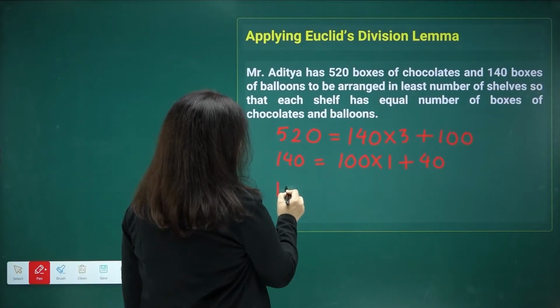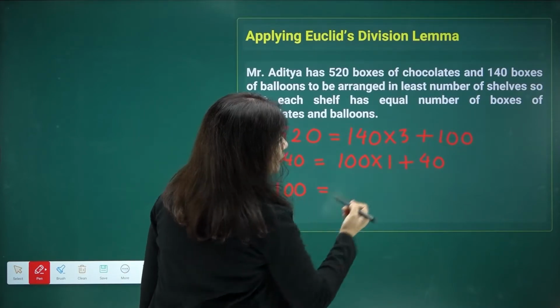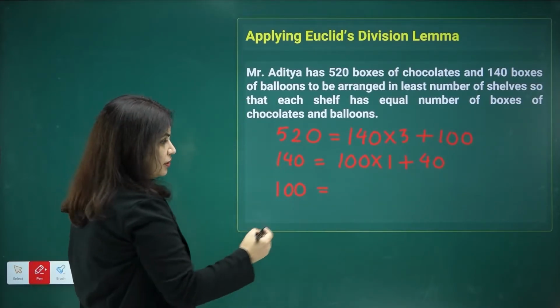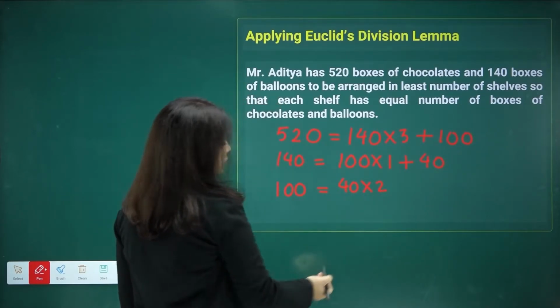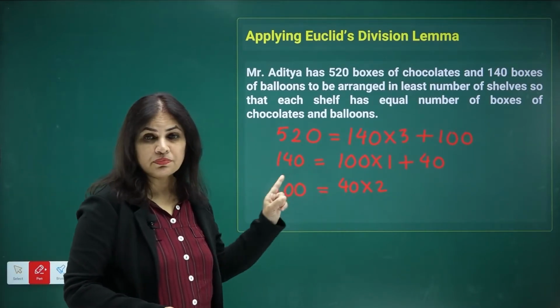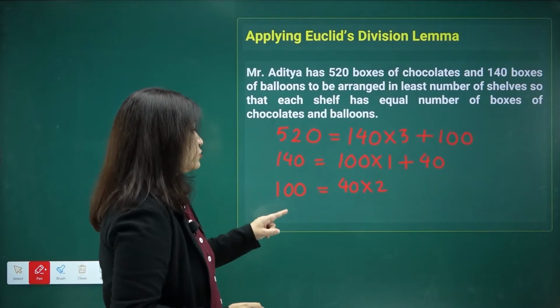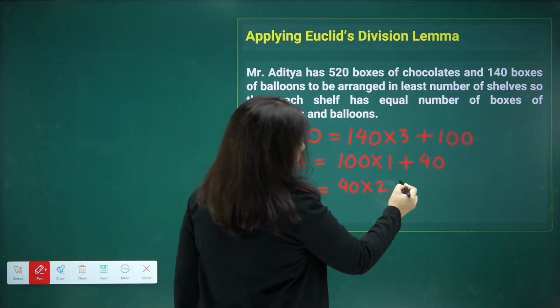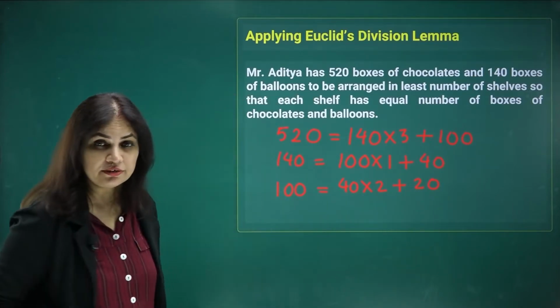Again, I will divide this 100 using the leftover number 40. 40 into 2 will give you 80, because 100 is not an exact multiple of 40. 80 plus 20 makes it a complete 100.